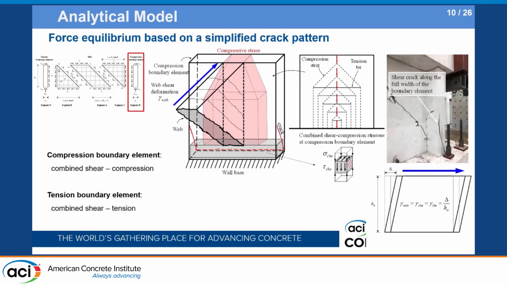So in summary, the boundary element is subjected to a combined shear-compression state, and during the test, you can see the very brittle shear-compression combined failure mode here. So we simplified the behavior from the force equilibrium condition. And similarly, the tension boundary element is subjected to a combined tension-shear state.